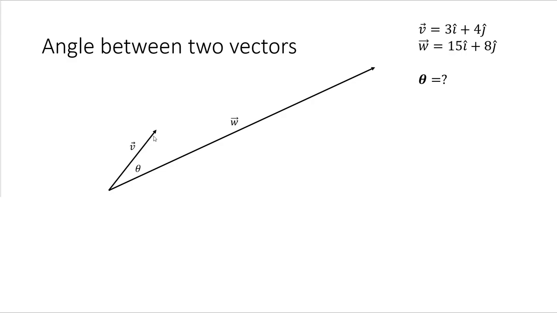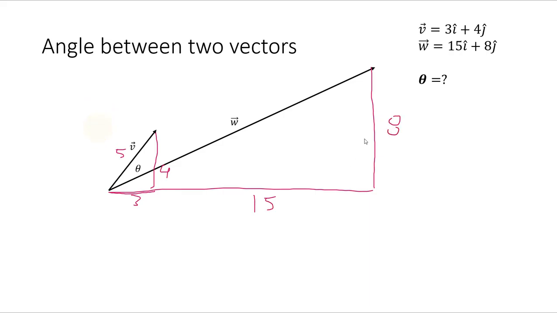If I break this vector down into its horizontal and vertical components, which were 3 and 4, with this one being 5, and this bigger one down into its components, in this case 15 and 8, now I have this angle, let's call it alpha, and this bigger angle beta. Isn't it the case that theta would equal beta minus alpha?